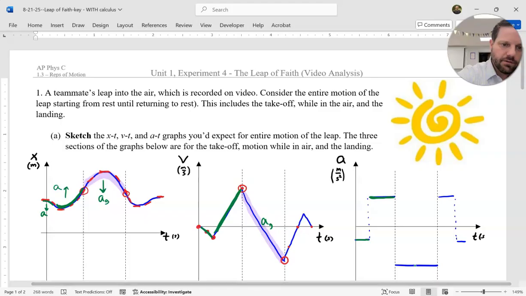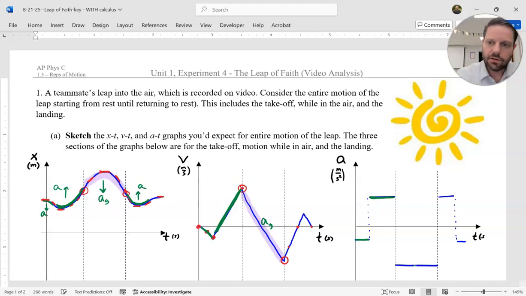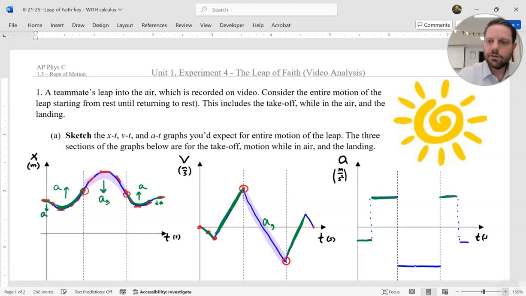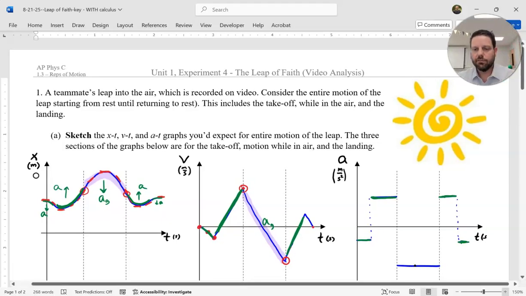And if we follow suit, this concave up portion of the parabola here is going to correspond to that positive acceleration, positive slope portion here. And then we have a little concave down possibly right there, which corresponds to that piece there.